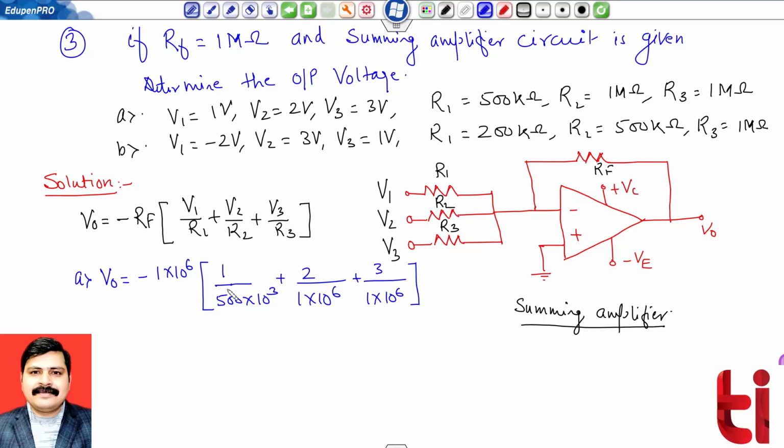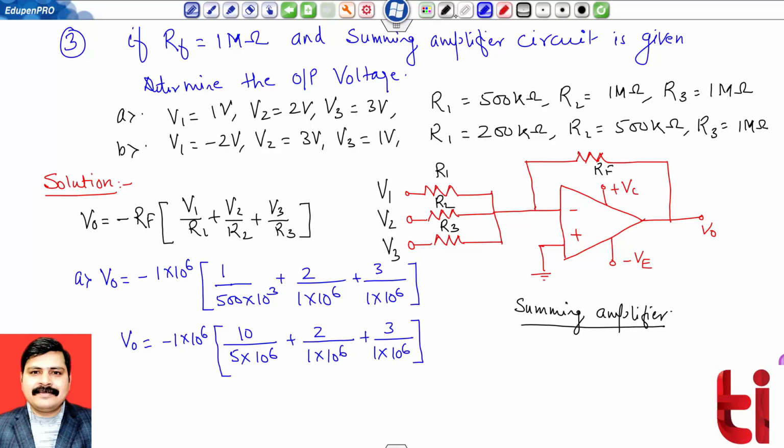That means V naught will be equal to minus 1 into 10 raised to power 6. So I am making powers common. So it will be 10 divided by 5 into 10 raised to power 6 plus 2 divided by 1 into 10 raised to power 6 plus 3 divided by 1 into 10 raised to power 6.